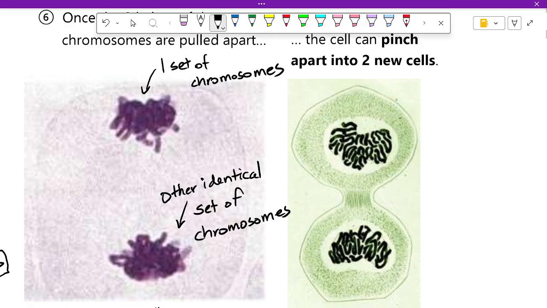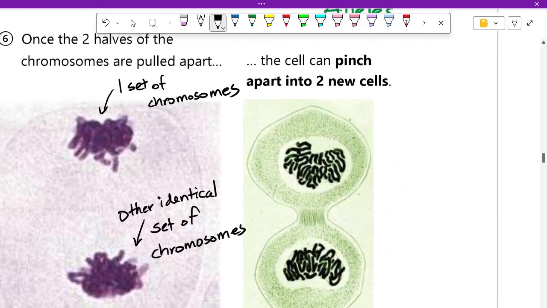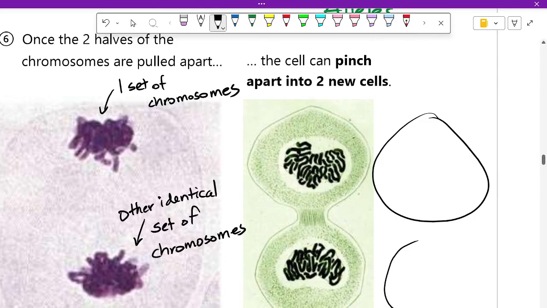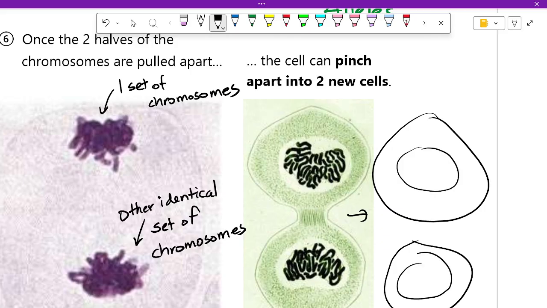And then the cell pinches in two. And the chromosomes uncoil. And if the chromosomes uncoil, what format is the DNA in again?